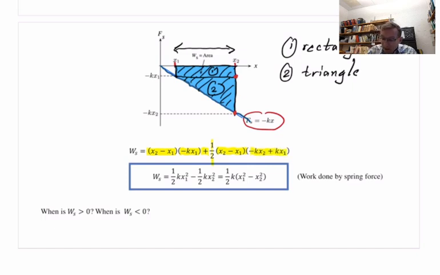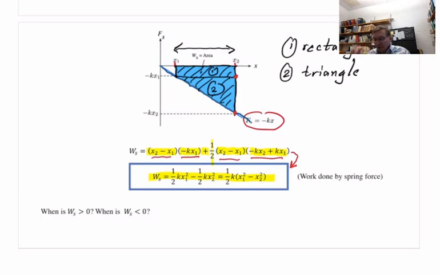Now the next thing you do, I'm going to let you do this on your own because it's just algebra, is you multiply all this out, right? You've got this negative kx1 to distribute through the x1 minus x2, and then that's what you have here and here. And then you've got a product of two binomials that you've got to multiply out and then multiply by a 1/2. And then you've got to simplify and gather all the terms and make it as simple as you can, and you get the result in this boxed formula.